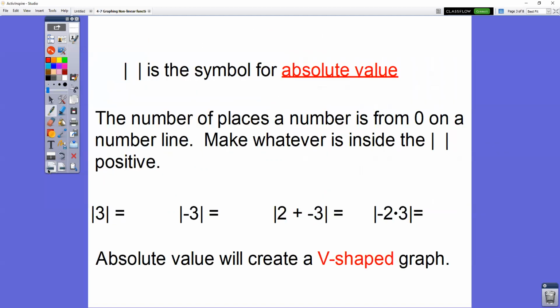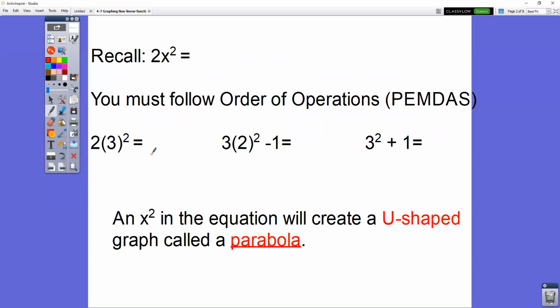So there's going to be a couple things that you're going to have to figure out within the chart when you go to solve. First of all, if we have something like 2x squared, what that really means is 2 times x squared. That 2 next to the x means times. So 2 times x squared.